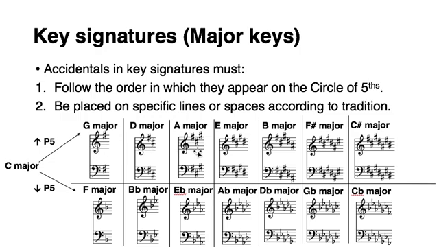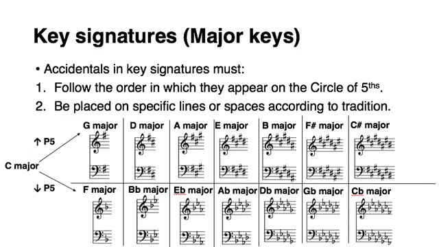You will remember that the accidentals in the key signatures follow the order that they appeared in the circle of fifths, and that they must be placed on specific lines and spaces, right? We've talked about this as being handed down by tradition. They have appropriate places to be featured in, the accidentals.